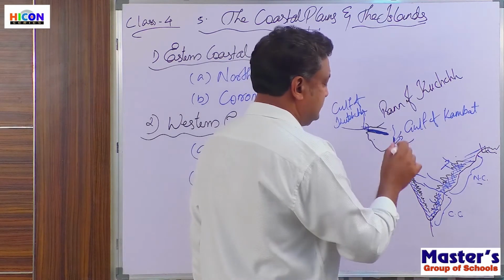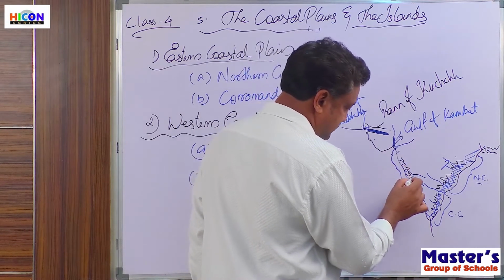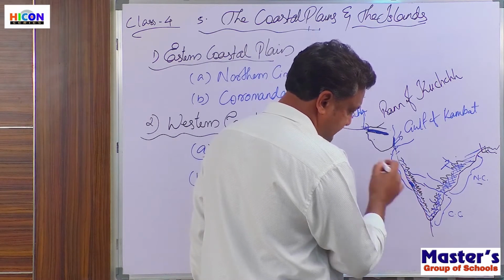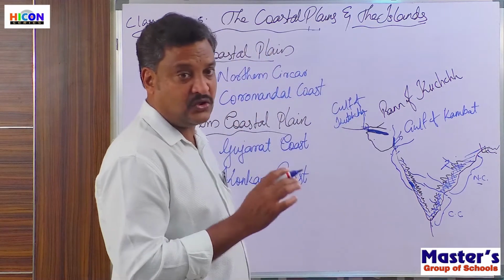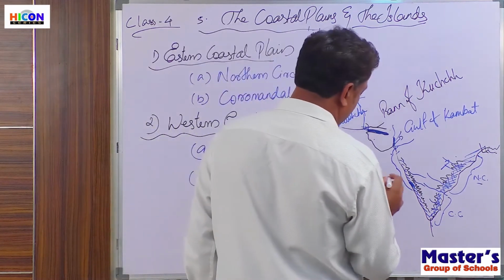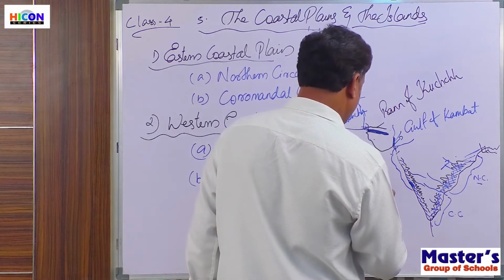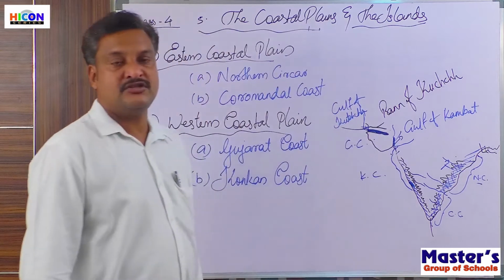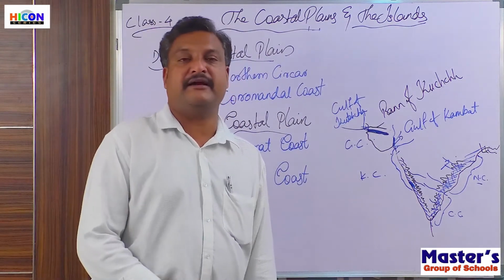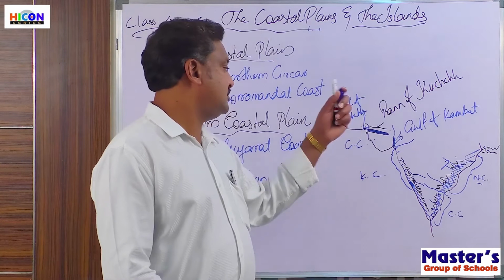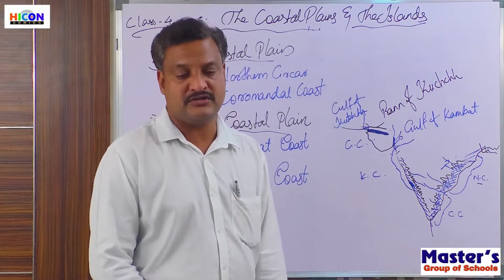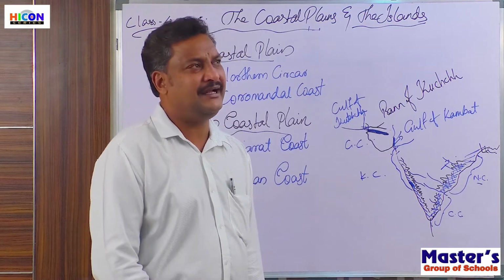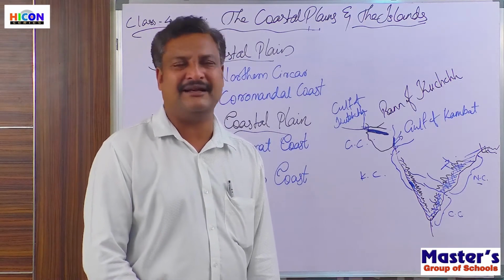From the Ran of Kambat, the coastal region of Maharashtra, and here we have a small state called Goa, isn't it? Until the coast of Goa is called the Konkan Coast. So the Konkan Coast is a coastline which starts very close to the Ran of Kambat till the coast of Goa.